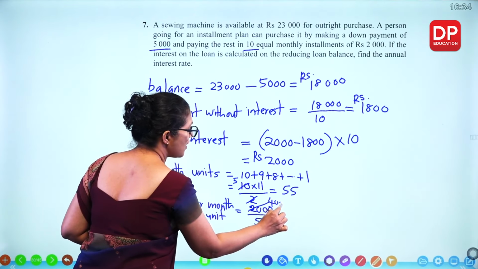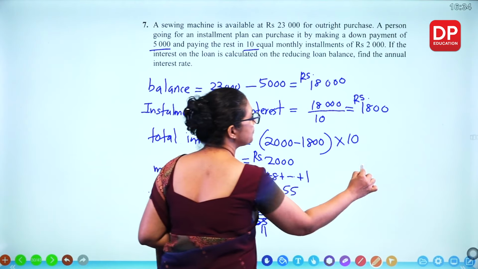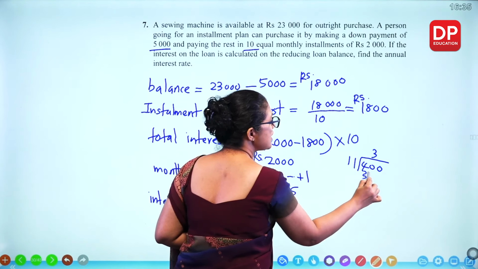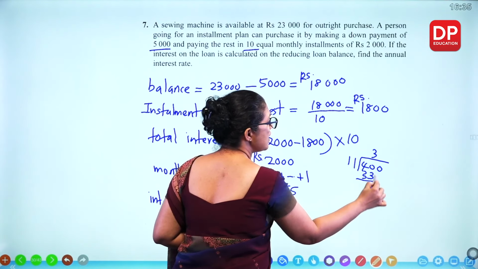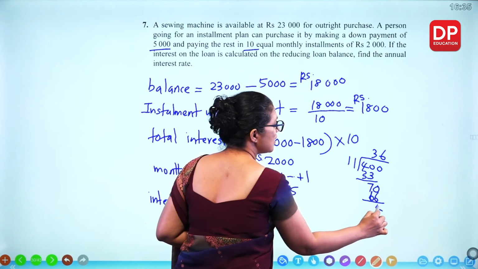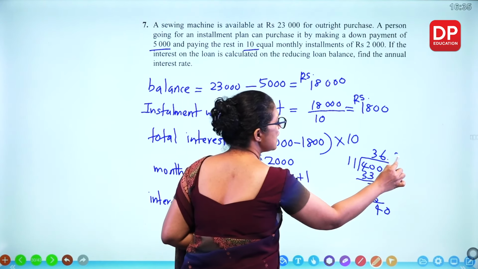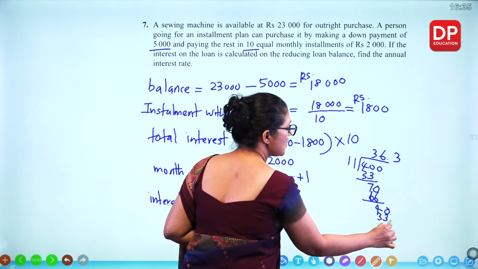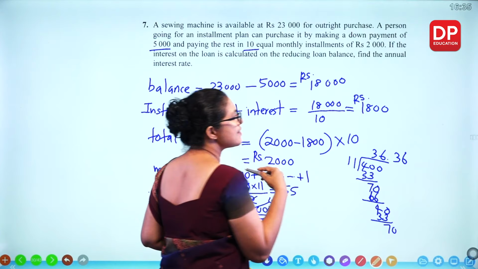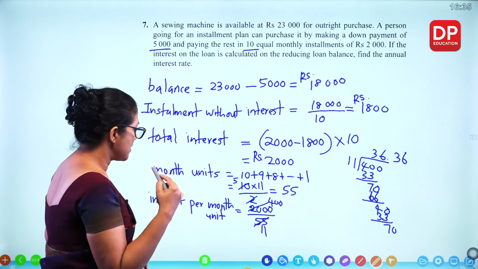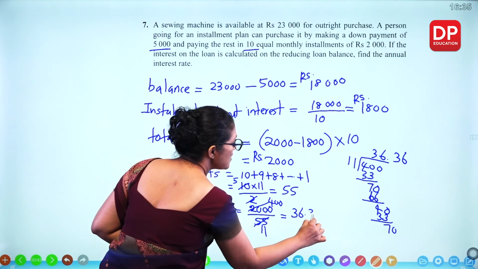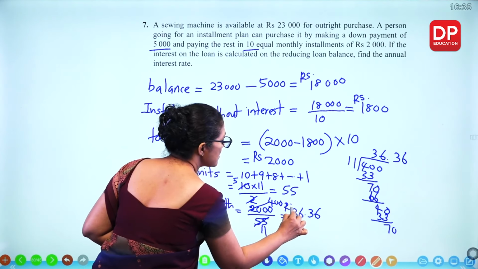You get 400 divided by 11. 11 times 3, 33. 7 remaining, 70, that's 6, 66. For 40, again 3, 33. And for 7, so 36.36, this is a recurring decimal. I can take it as 36 rupees and 36 cents.